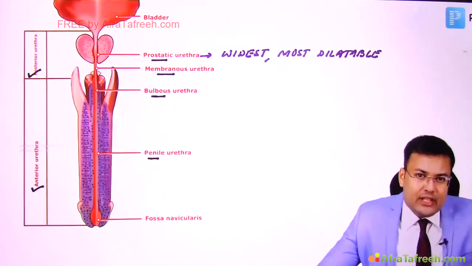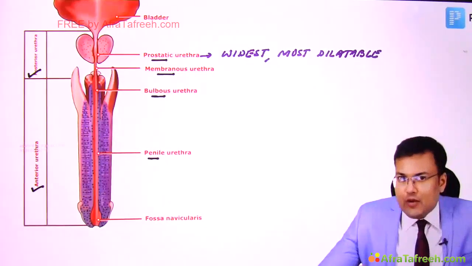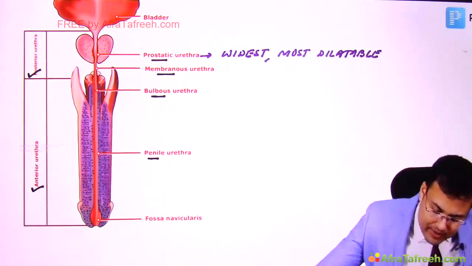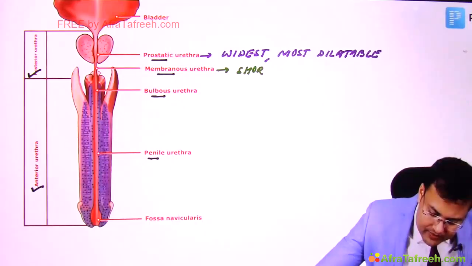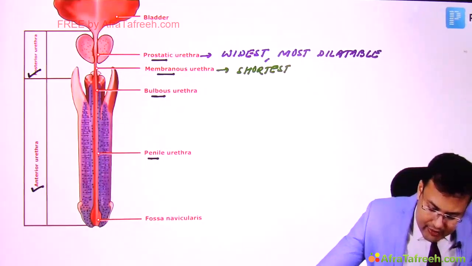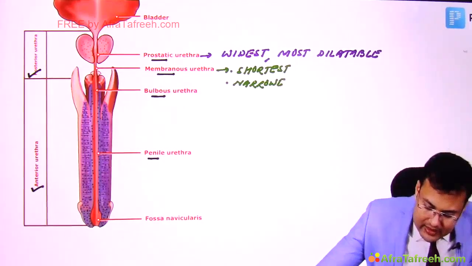Membranous urethra is shortest, narrowest and least dilatable.